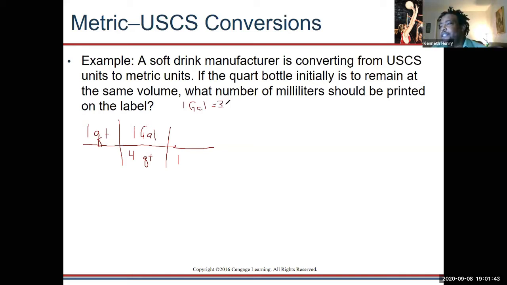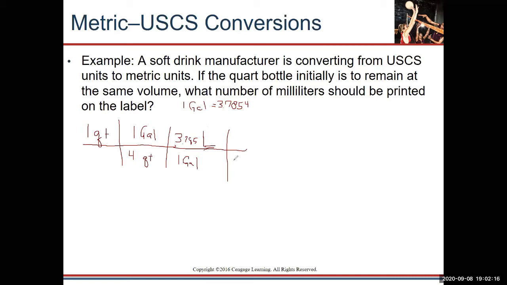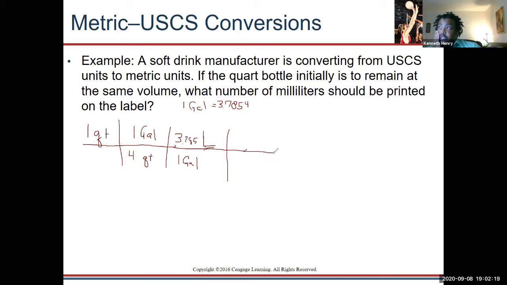So 1 gallon equals 3.785, and we know the next number is 411, so we could just round to 5. Put 3.785 at the top, and that's liters. This is gallons. And what is the conversion for liters to milliliters? 1,000 milliliters in a liter. Did I put 1,000 milliliters on top or on the bottom? On top.